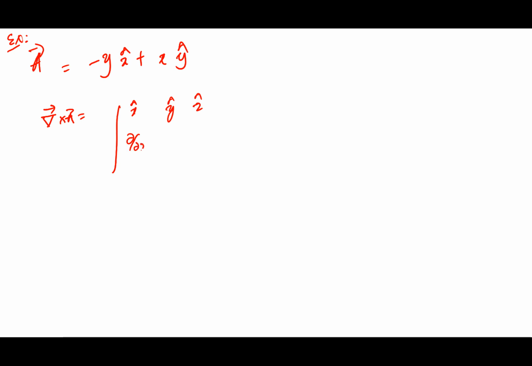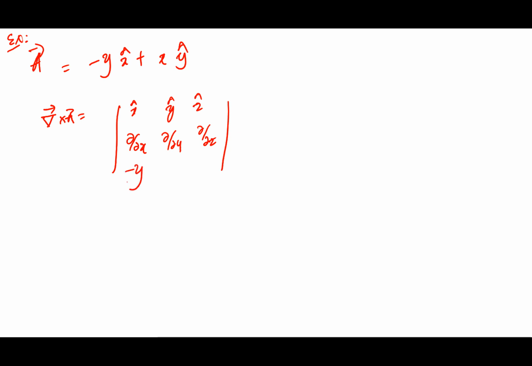Let's take a vector. The example is minus y along x and x along y. This is the vector. If we want to do the curl of this vector, we're going to do x, y, z, the operator dou by dou x, dou by dou y, and dou by dou z.